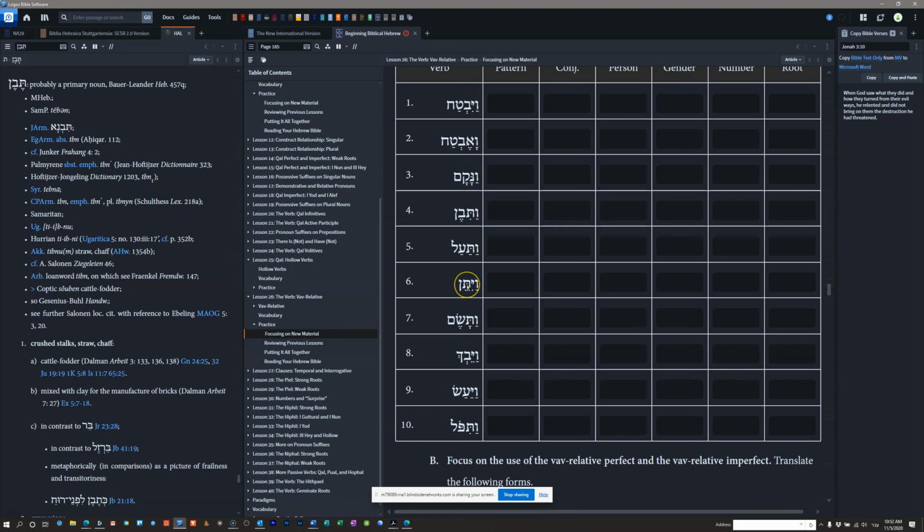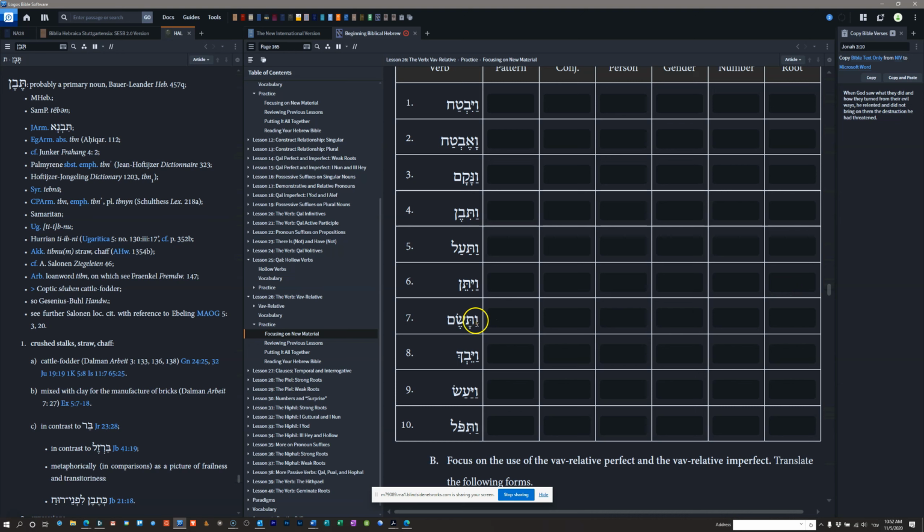So we've got natan, and one of the irregularities of natan in the imperfect, jussive, preterite, whatever, is that the theme vowel is a sere rather than a patah or a holem. But everything else is pretty straightforward. We've got a qal, vav relative, imperfect, jussive, preterite, whatever, vayiqtol, and the yod prefix with no suffix indicates 3ms of natan.